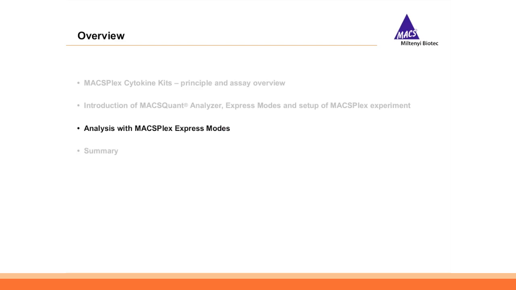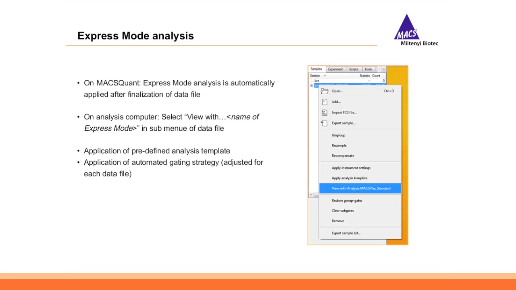So now I come to my third part and show you some information about the analysis with our MACSPlex Express Modes. So the whole plate has been measured, and now how is the analysis going to be started? On MACSQuant, it is really easy because the Express Mode analysis is automatically applied after finalization of each data file. What means finalization of each data file?